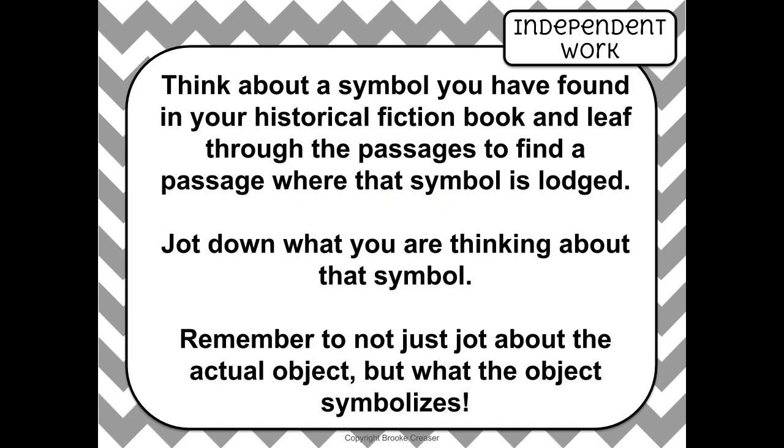Think about a symbol you have found in your historical fiction book and leaf through the pages to find a passage where that symbol is lodged. Jot down what you are thinking about that symbol. Remember to not just jot about the actual object, but what the object symbolizes. What does that object mean to you as a reader of your story?